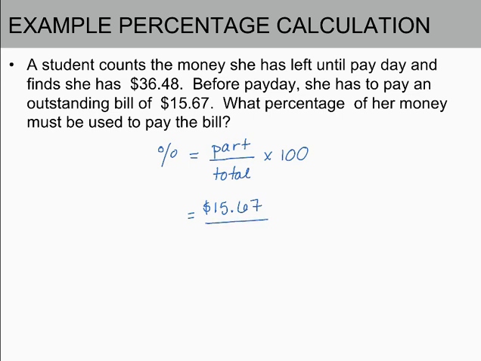And then the total amount of money that the student has is $36.48. And then we just multiply that by 100. And we would end up with a value of 42.96%.